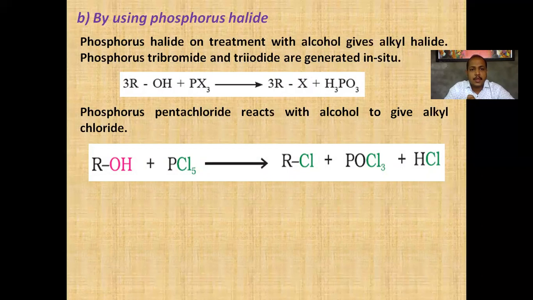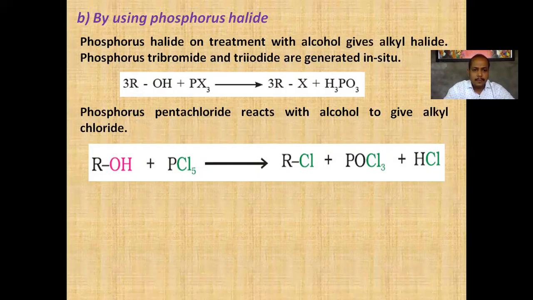They are formed by the reaction of red phosphorus and bromine or iodine, etc. Three molecules of alcohol react with phosphorus tribromide or triiodide, and we get three molecules of alkyl halide plus H3PO3 as a byproduct.